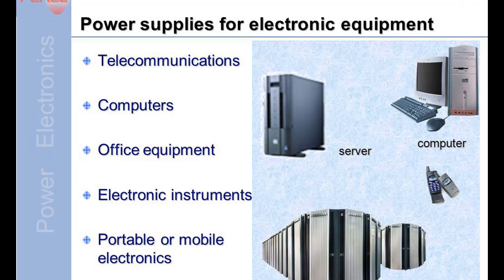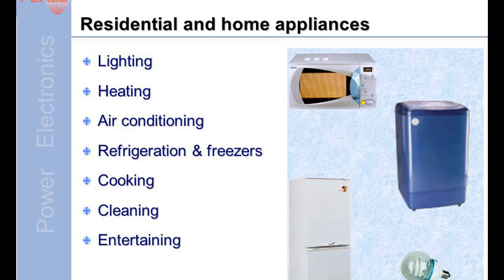Power supplies for electronic equipment: telecommunications, computers, office equipment, electronic instruments, portable or mobile electronics, servers. Residential and home appliances: lighting, heating, air conditioning, refrigeration and freezers, cooking, cleaning, entertaining.